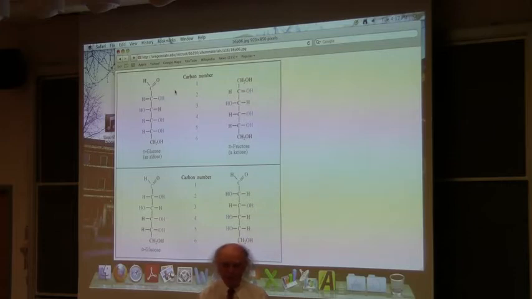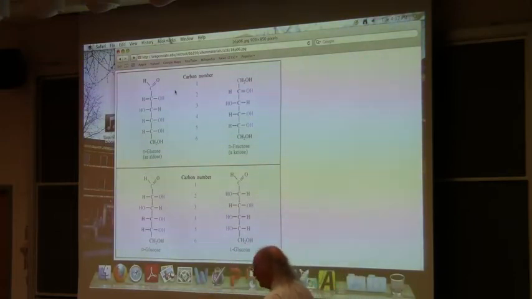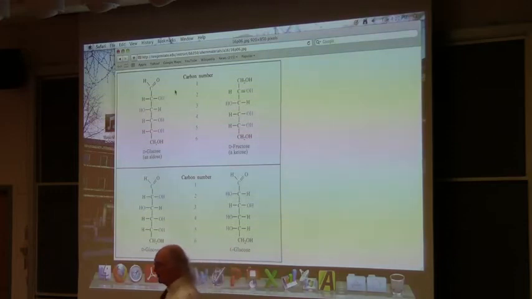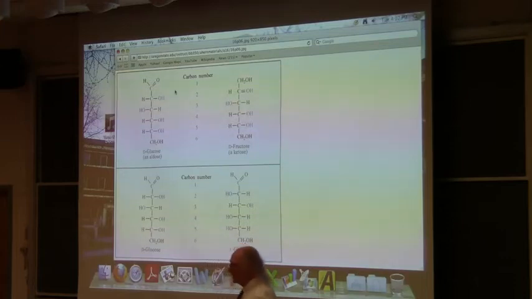Any sugar that has that next to the last carbon on the right side is in the D configuration. Now, next I'm going to show you something that's a little confusing. So I want you to pay attention to it, because even biochemists who've been practicing biochemistry for a long time mix this up sometimes. Okay? The L configuration of glucose does not simply take the hydroxyl and put it on the left.